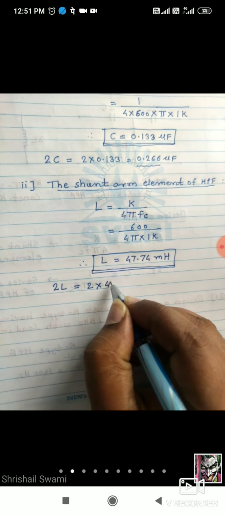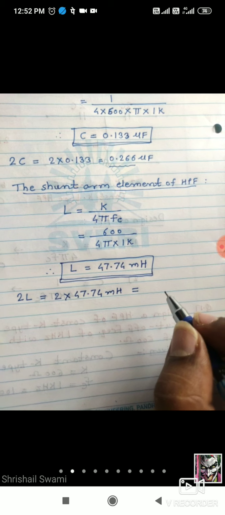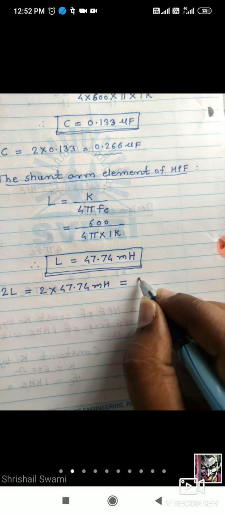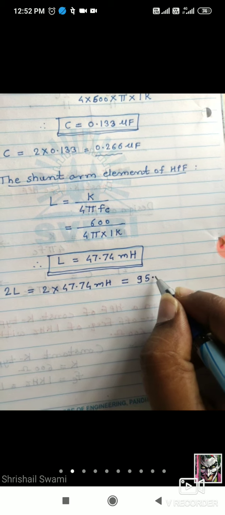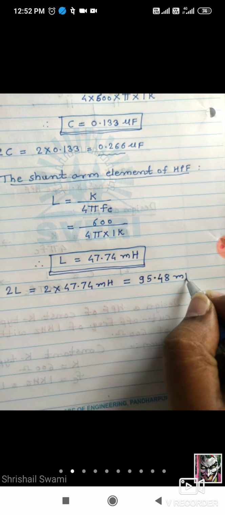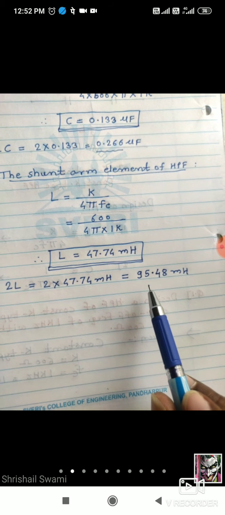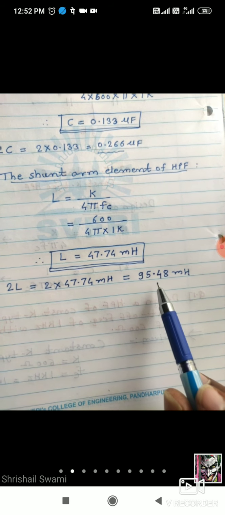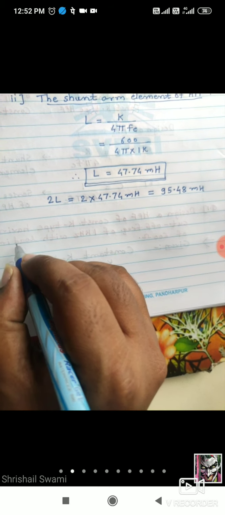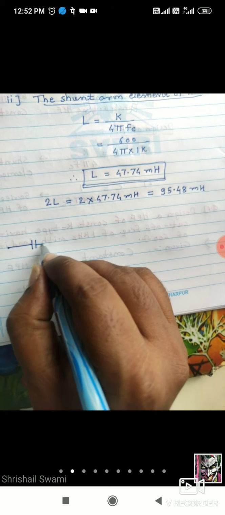2 into 47.74 millihenry is equal to, it will be multiplication, that is 95.48 millihenry. Okay, correct. 2L is equal to 95.48 millihenry. So finally you can draw the diagram of both T section as well as pi section.